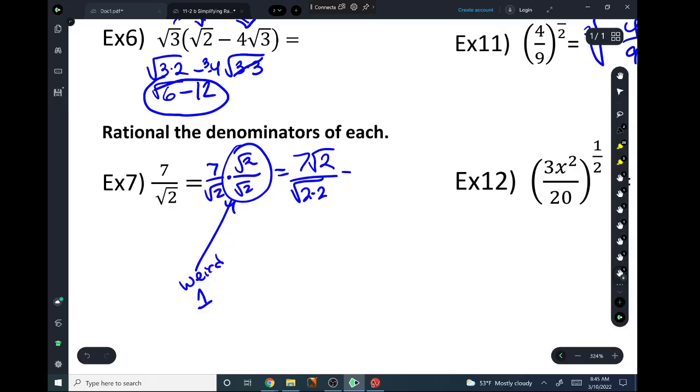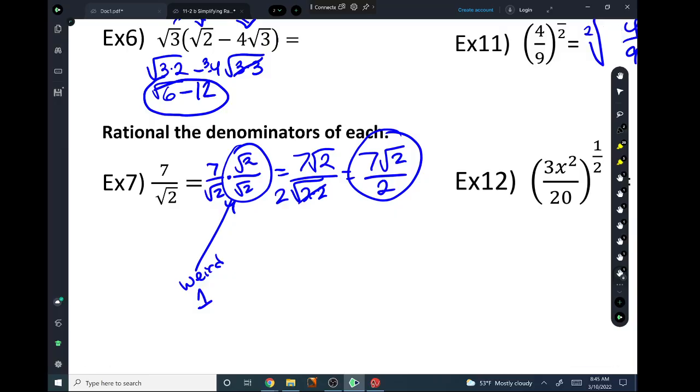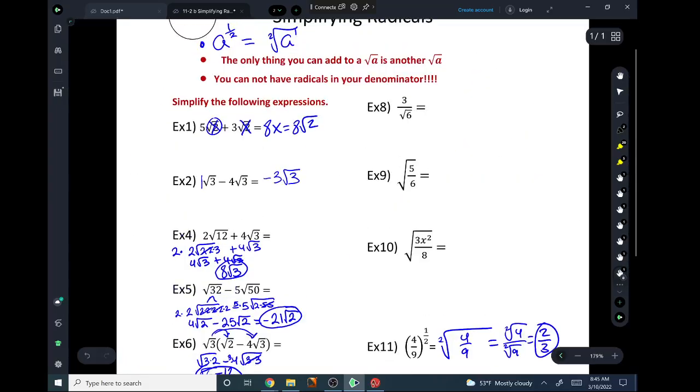Yeah? So 7 root 2 over, take out a pair of 2's, and that's the whole point of that, was to get rid of the radical in the denominator. And I can't simplify 7 over 2, so I leave it alone. Yay or nay? Yay. All right, next problem.